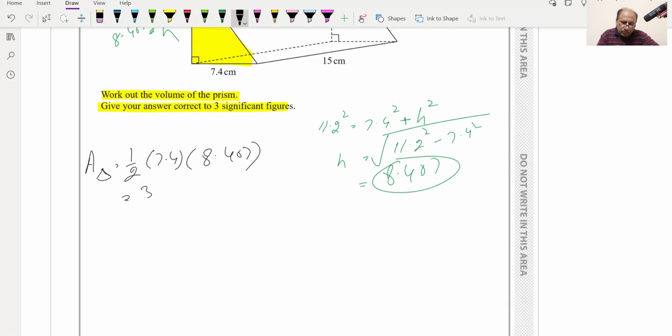31.1. So 31.1, and this is basically the face area.